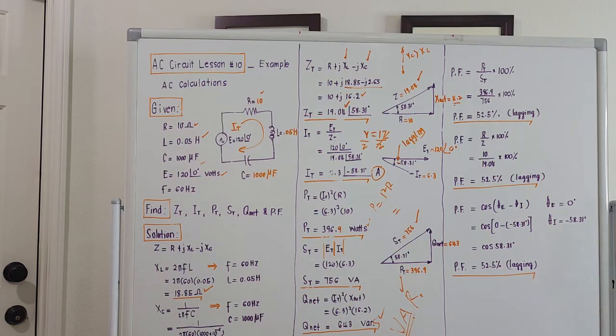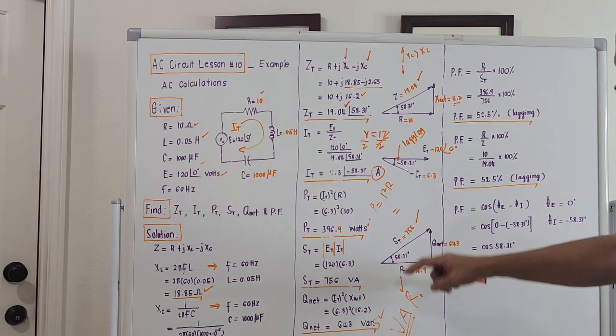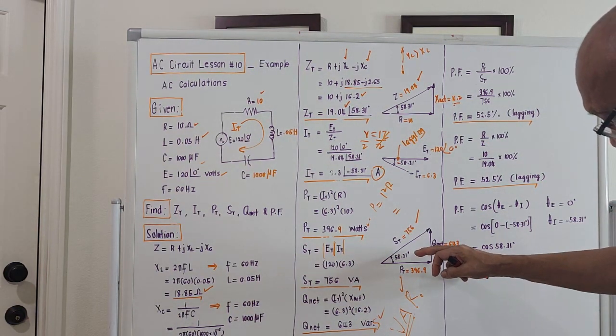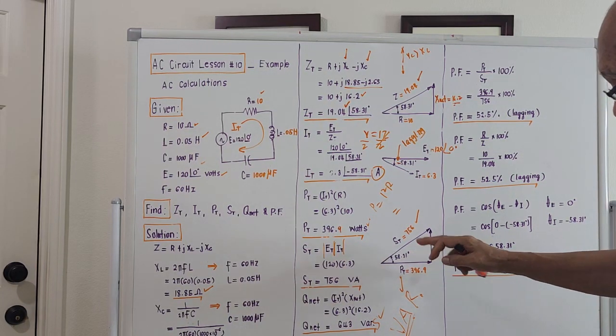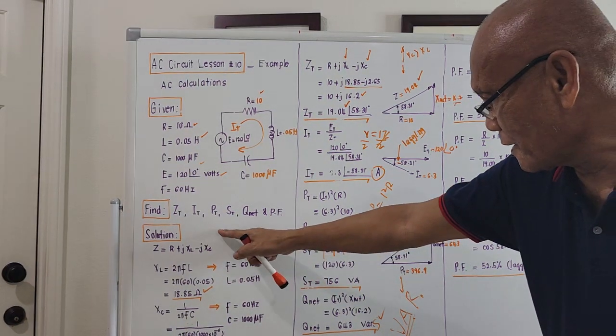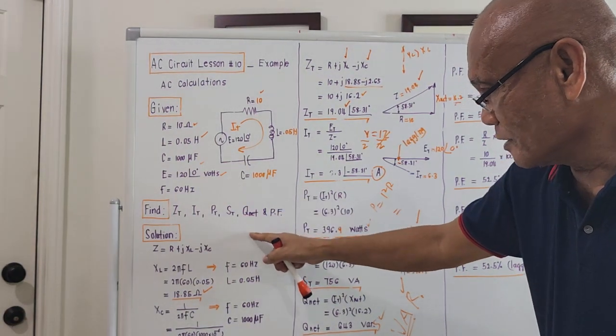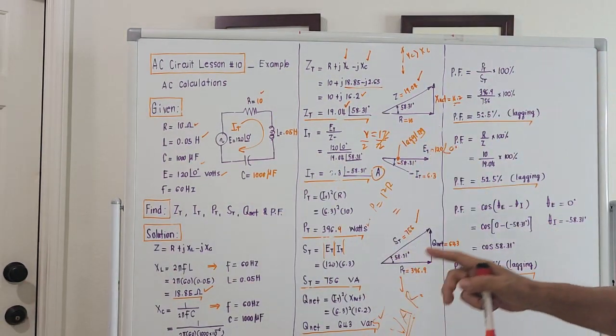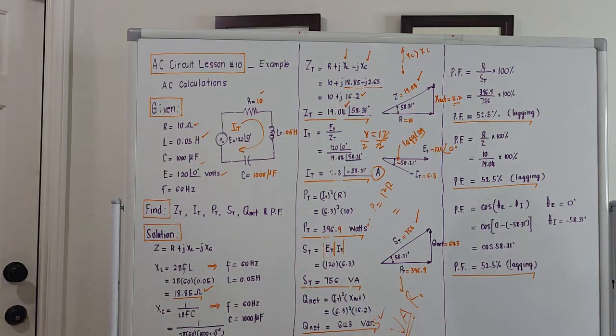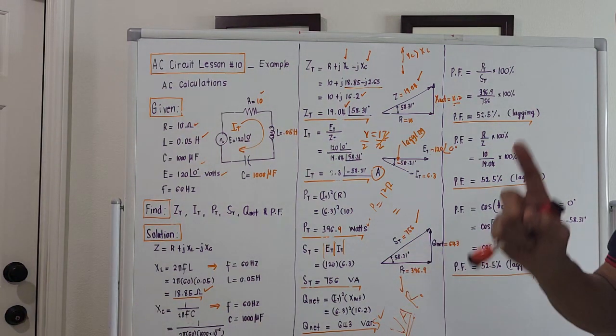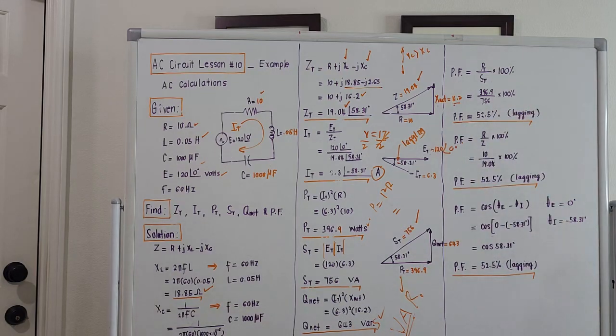And the angle between this S total and P total is still 58.31 degrees. Okay? So we now know P total, S total, and Q net. So let's now try to compute for the power factor presenting three solutions. This is just for illustration, but if you are on the board exams, just present one solution.